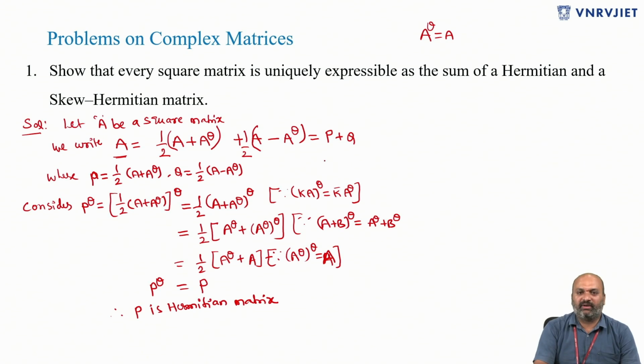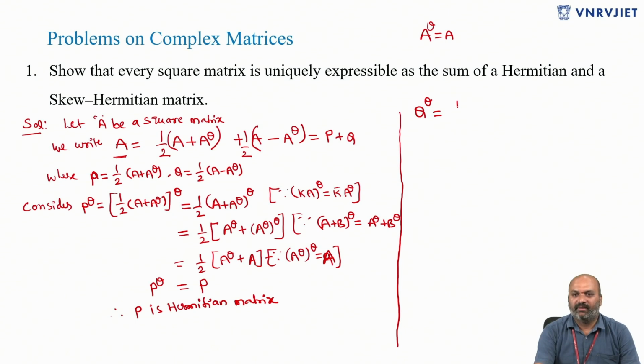Similarly, to show that Q is skew Hermitian, let us consider Q power theta. What is Q? Same, 1 by 2 into (A minus A theta) power theta. Using again the properties of complex matrices, first this is k into A power theta, which is k bar into A theta.